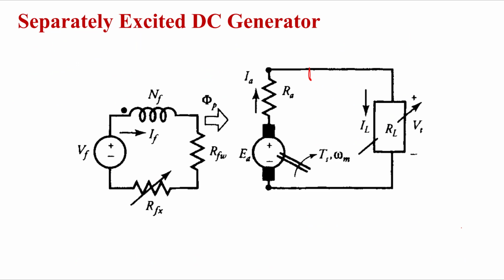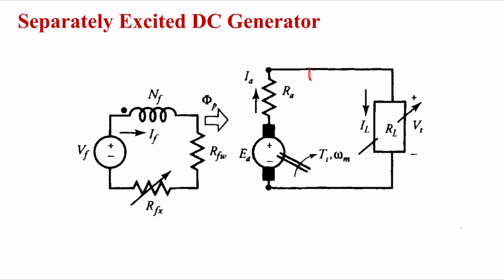Now we'll consider a separately excited generator and we'll discuss the governing equations and also we'll discuss the external characteristics. Because I talked in the first class, we'll only talk about the steady state analysis.